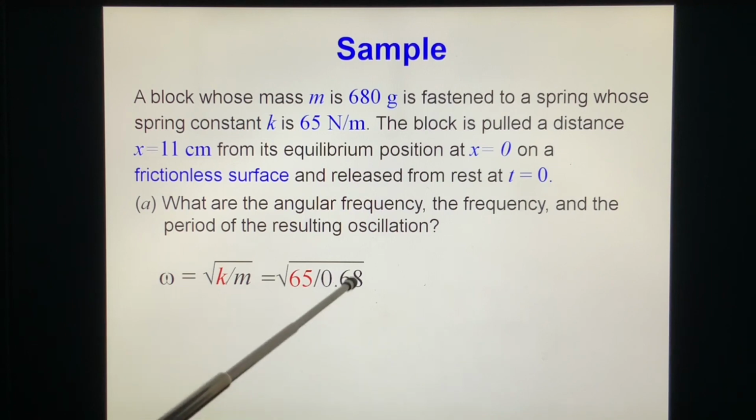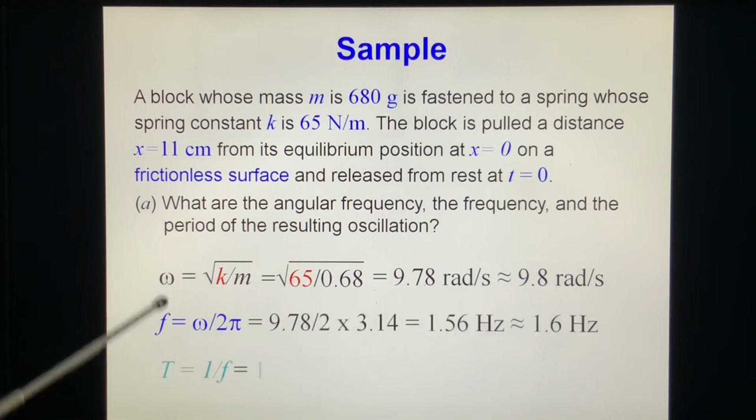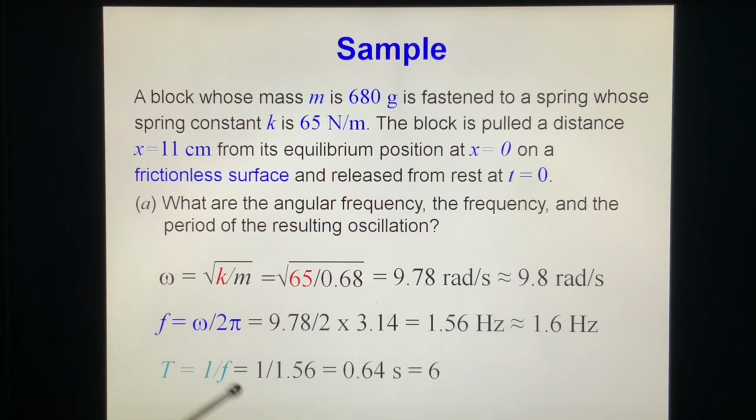Remember, you have to use the standard unit, kilogram. So we get omega. Once we get omega, we get f and T. f equals omega over 2 pi, and T equals 1 over f, or 2 pi over omega.